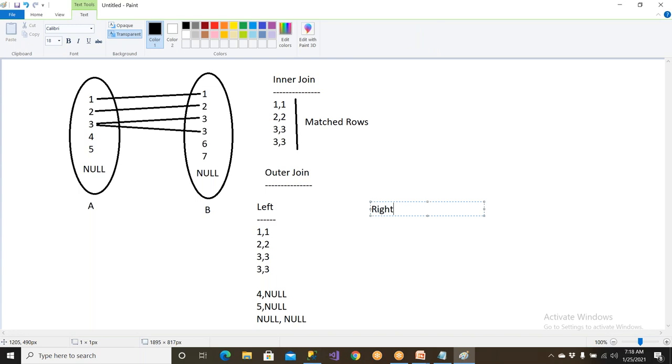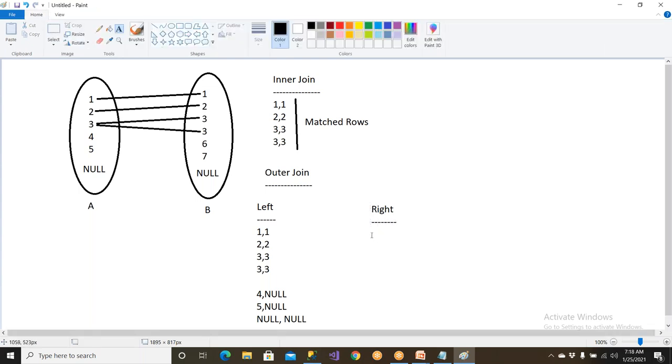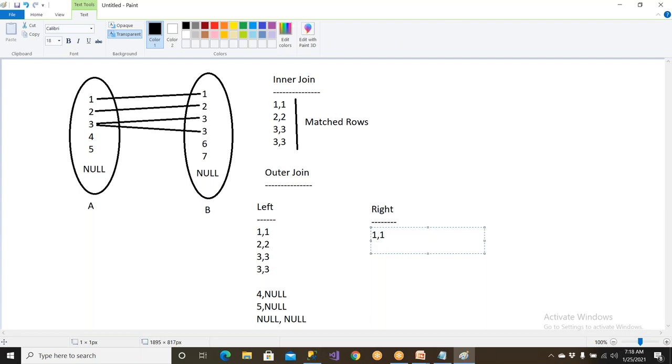As it is, we can have a right join as well. Clear? So in the right join, same trick is applied. What is the trick? It is inner join data, matched data: 1 comma 1, 2 comma 2, 3 comma 3, 3 comma 3, and we need to discuss unmatched data, that is a 6 and a 7, and there is a null value.